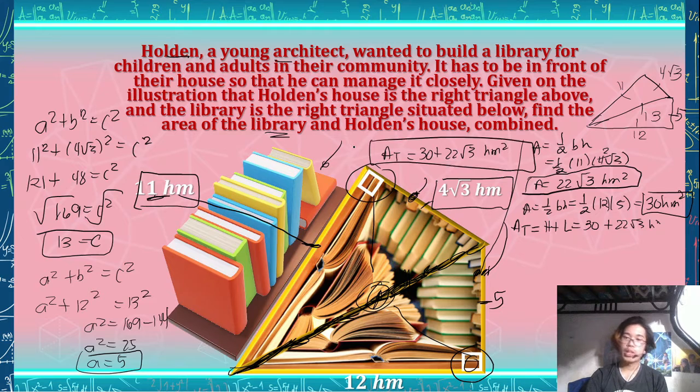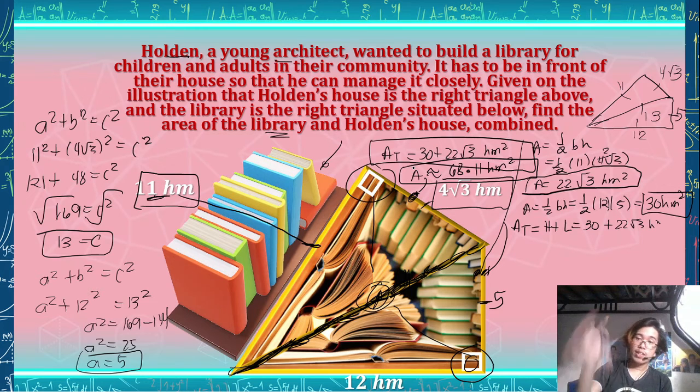And if we transform that into decimals, that should give you 68.11. So there you go. It's approximately 68.11 square hectometers, the total area for Holden's house and the library. And that's how we solved this problem.